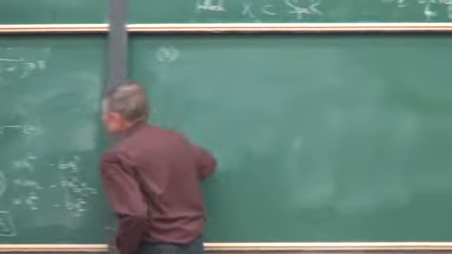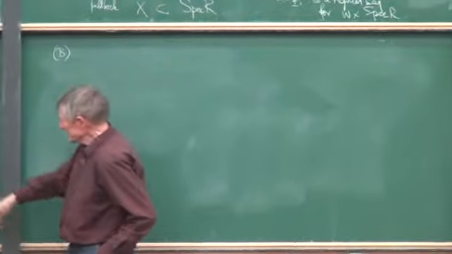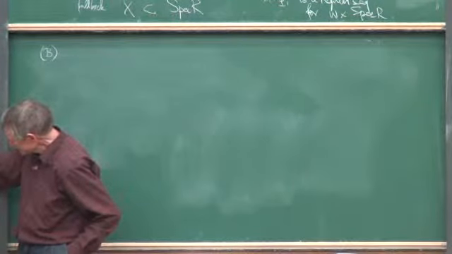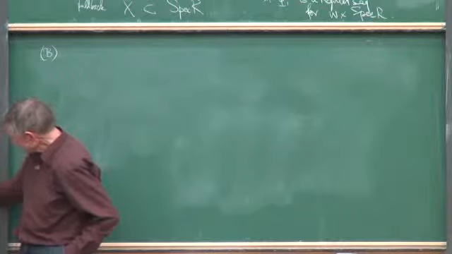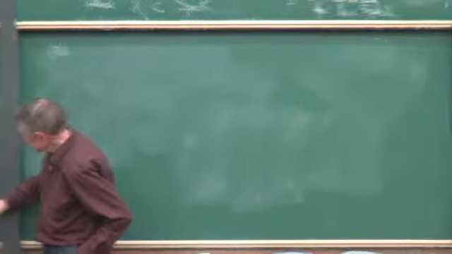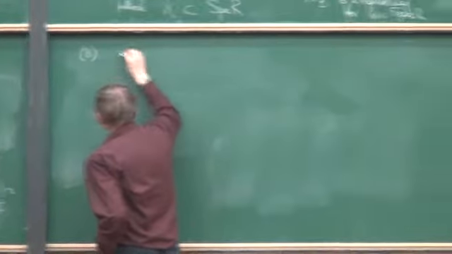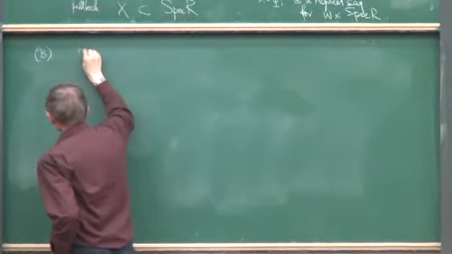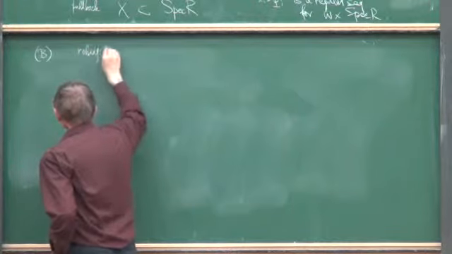So B. Let me look at this B. So what have I got here? x1 squared, x1 x2, x2 squared, and here it's x3 to the fourth, x3 squared y, y squared. This is called rolling factors.